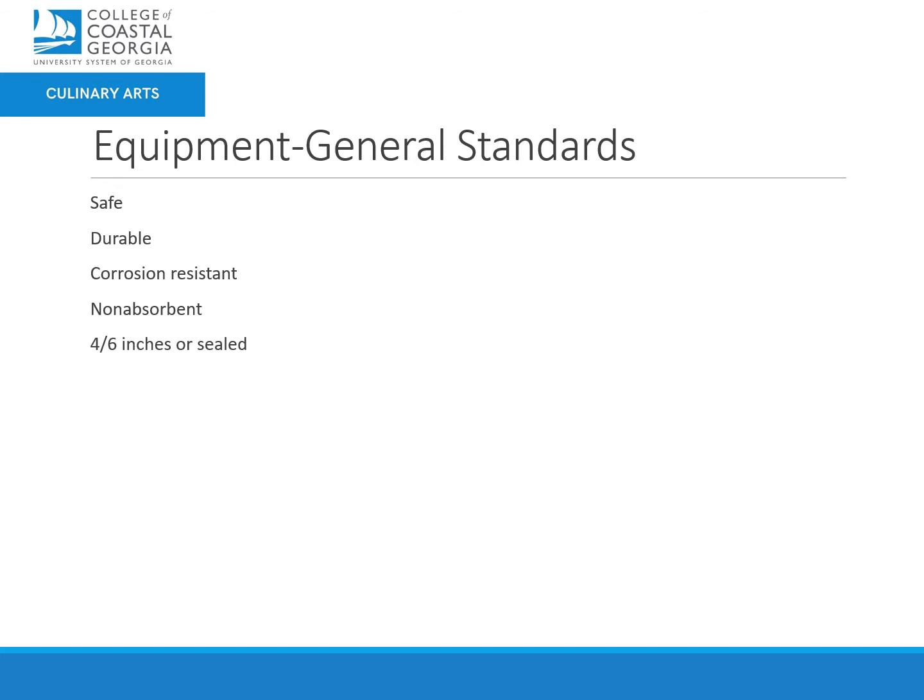Another guideline for equipment: if it's mounted to the floor, it has to be on legs that are at least 6 inches tall, or it has to be sealed to the ground so that there is no gap. When we talk about sealed, I'm talking about with caulk, so that no roaches, nothing can get under there. If it's on a tabletop, it has to be on 4-inch legs or sealed to the tabletop.